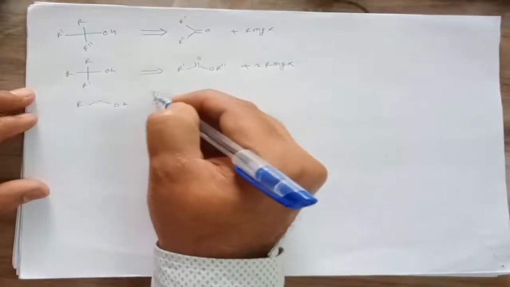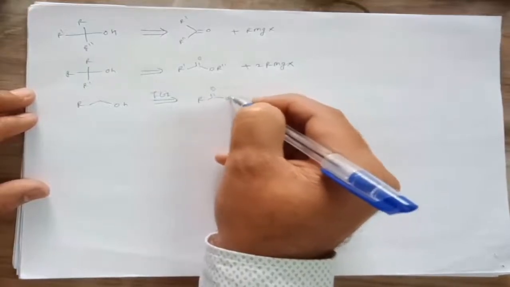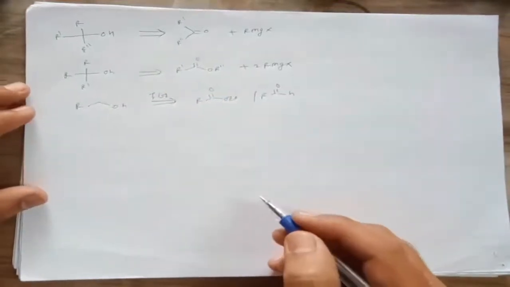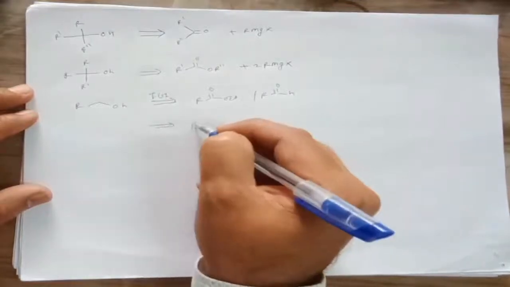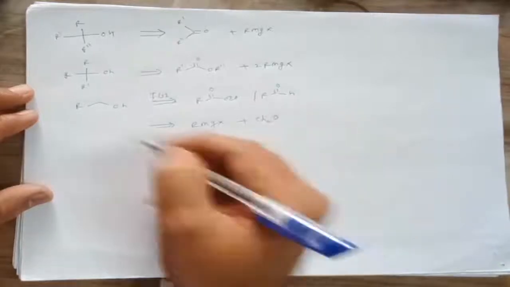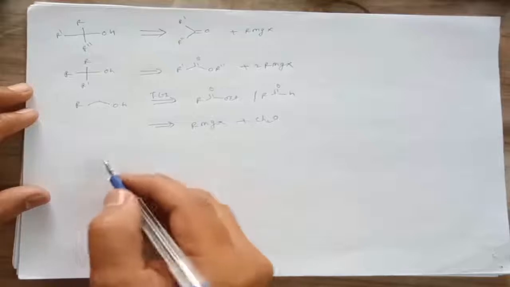We can go for functional group interconversion, and from it we can take either the ester or the aldehyde, and from that aldehyde we can prepare the alcohol. Or in another method we can go for RMgX and formaldehyde, that is CH2O. Then in the backward reaction we can prepare such primary alcohol.